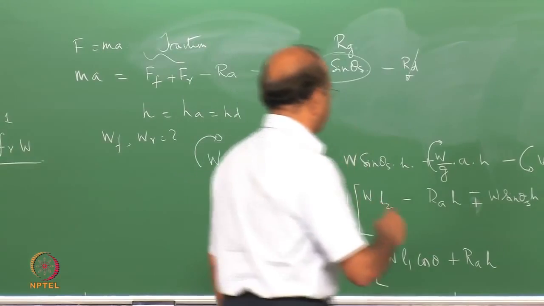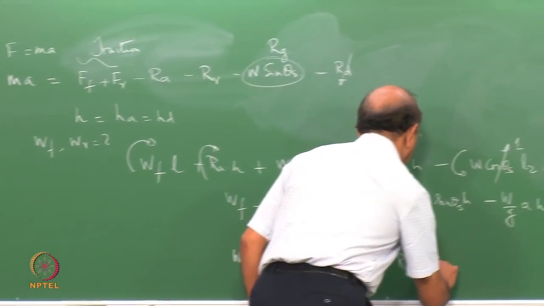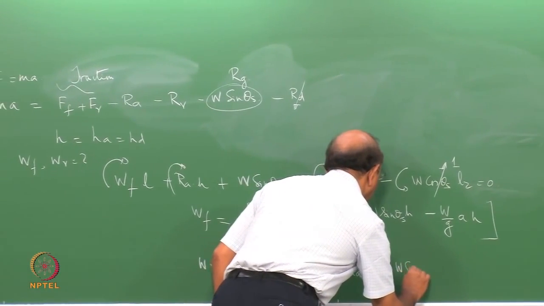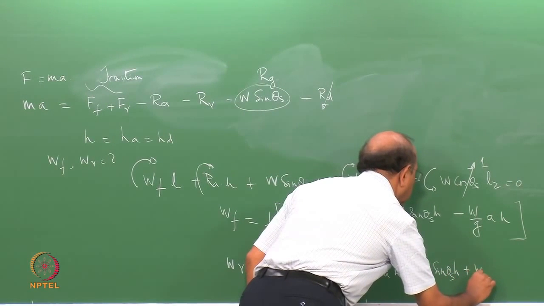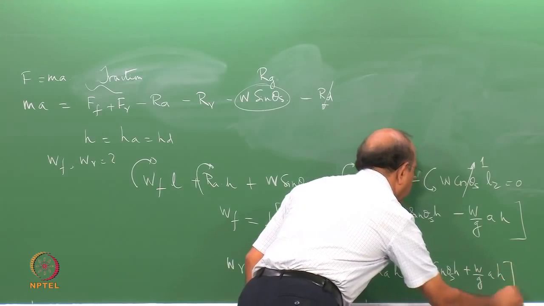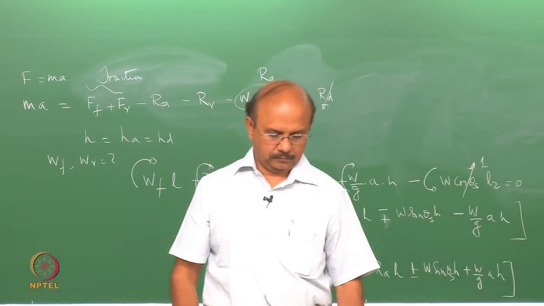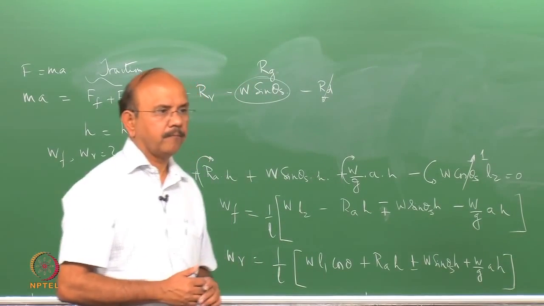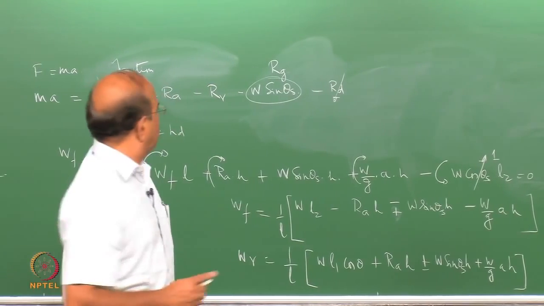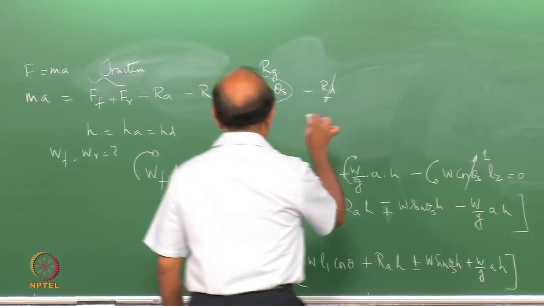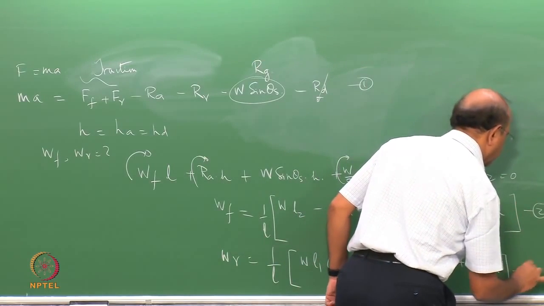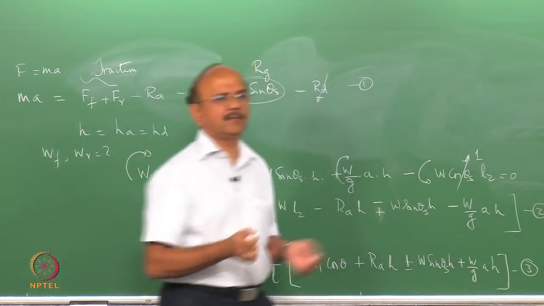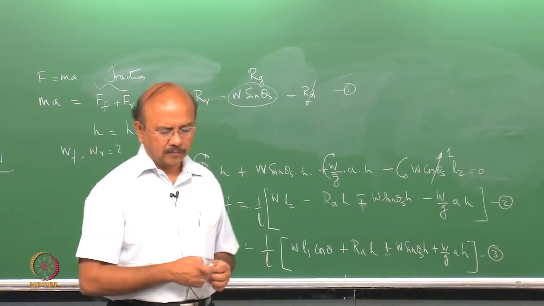So all the directions will be different, plus minus W sin theta h plus W by g into a into h. Let me call this equation 1, that equation 2, equation 3. Simple equations, all of you can derive it very easily.